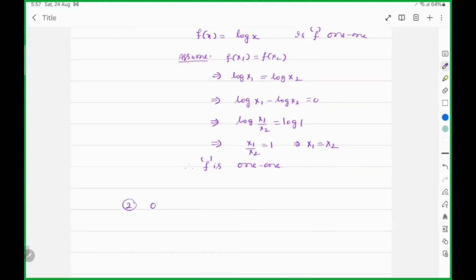The second type of function: onto function.